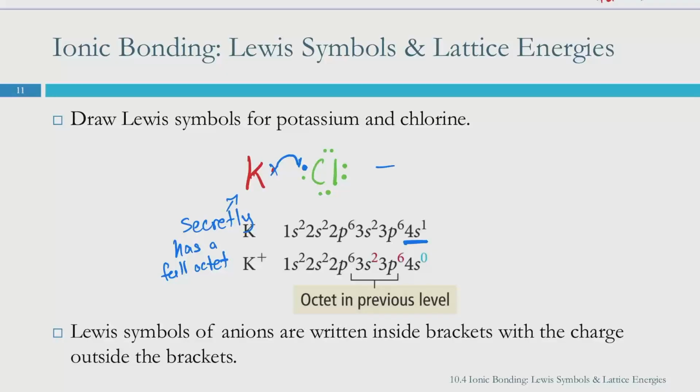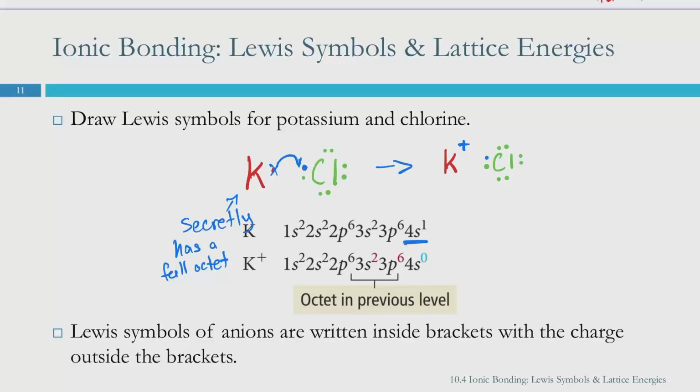And then the way that we would write this after we've done the electron transfer, we've had K+, and we would have our chloride ion. I'll retain that blue color.